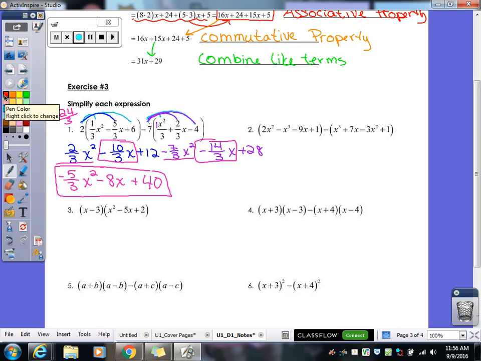Okay, number 2. Do we have anything to distribute? Yes, the negative. You got to make sure all these terms in the second set of parentheses, you got to change their signs. So the first set of parentheses, those aren't going to change. That's still 2x squared minus x cubed minus 9x plus 1.